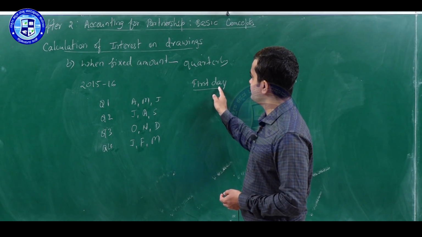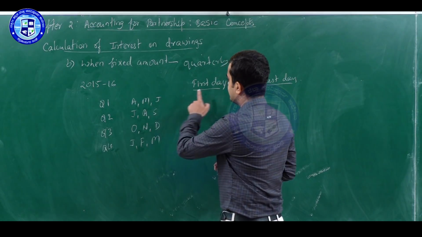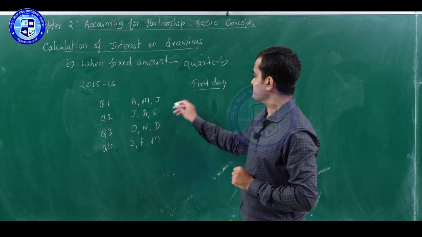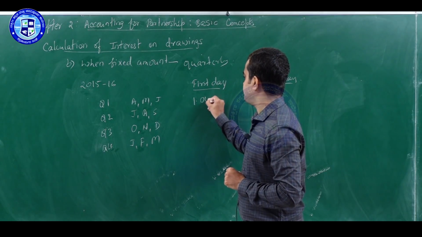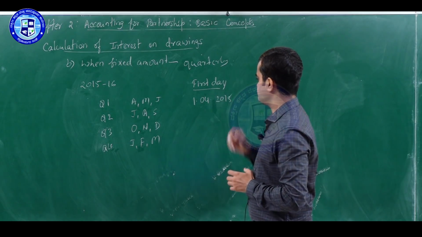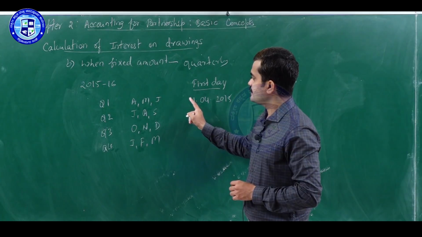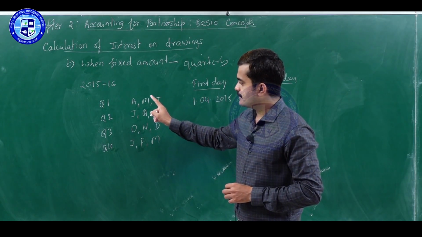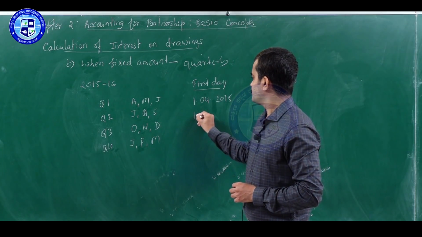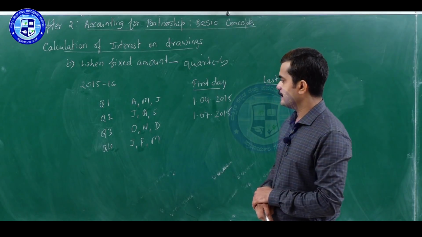So, first day of every quarter. The first quarter here is April, and the first day we have to take. So, the first drawings will take place on 1st April, in our case 2015. The second drawing will take place on the first day of the second quarter, that is 1st July 2015.